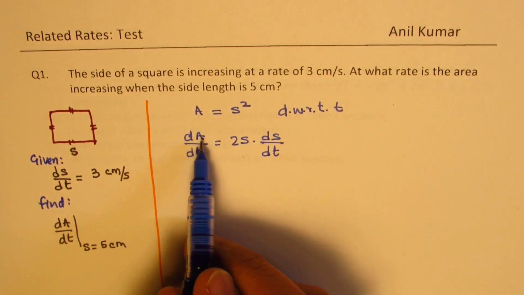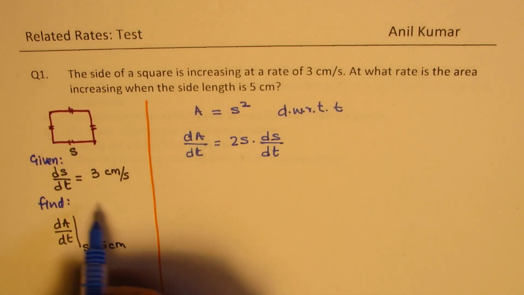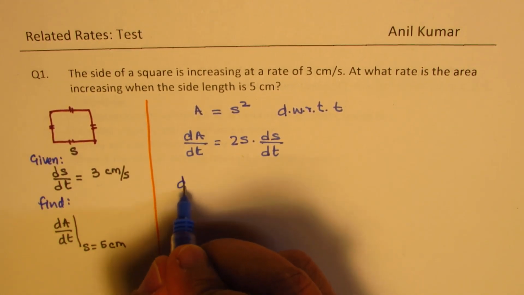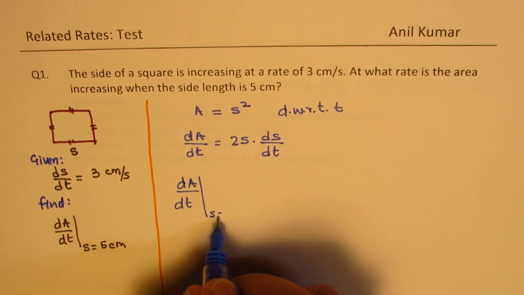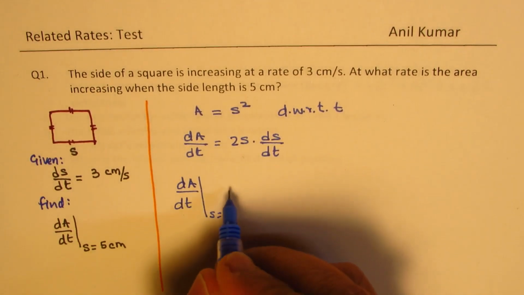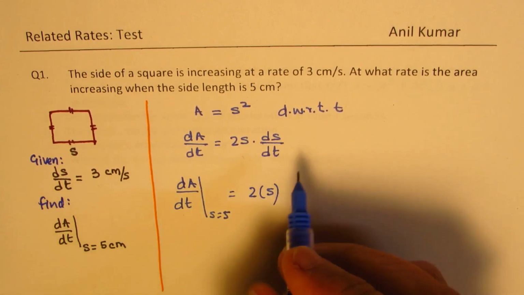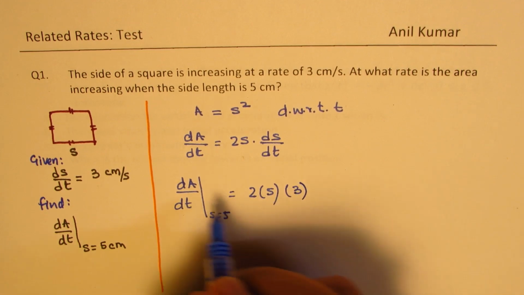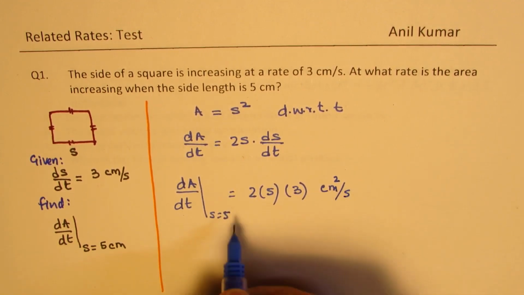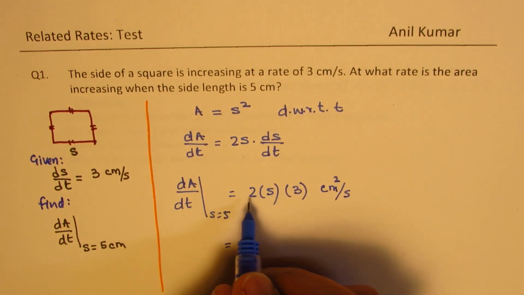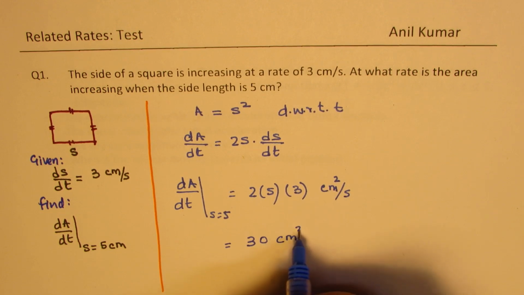We need to find the change in area when s is 5, so let's substitute these given values. dA/dt when s equals 5. Substituting, we get 2 times 5 and ds/dt is 3. Area is in centimeter square per second. Correct? So we get our answer, which is 10 times 3, is 30 centimeters square per second.